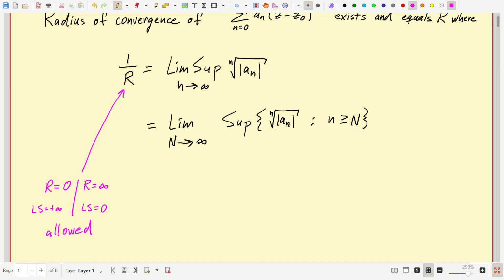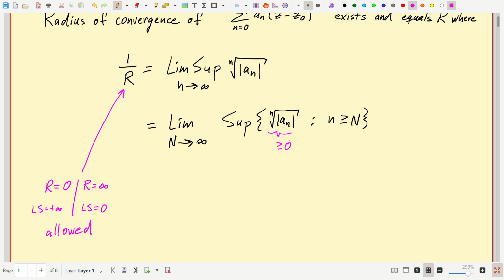And notice, there's the definition of what the lim sup is. It's the limit of the sup over the sets where we toss out the a_n's one by one, so n greater than or equal to capital N. That means we toss out the first few terms until we get to capital N. Those numbers can only get smaller, because these numbers are greater than or equal to 0, and so that sup is greater than or equal to 0.